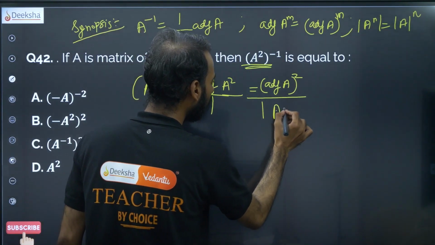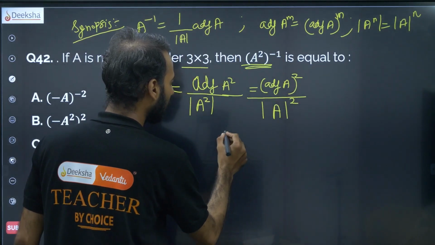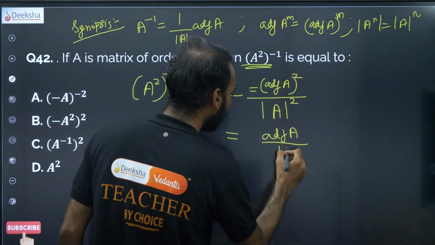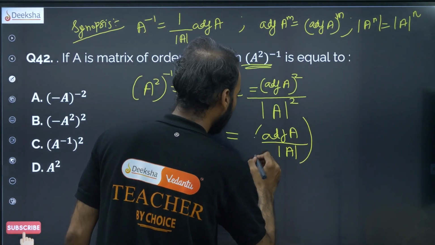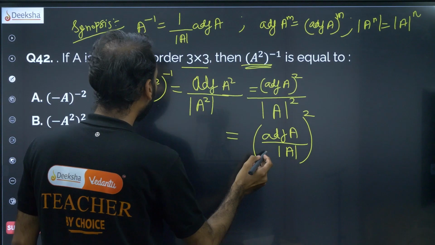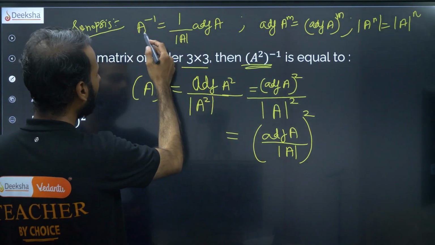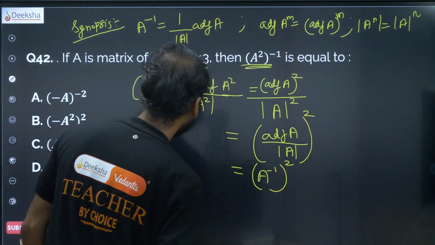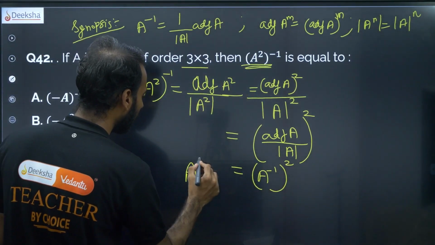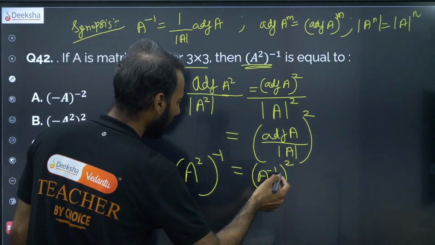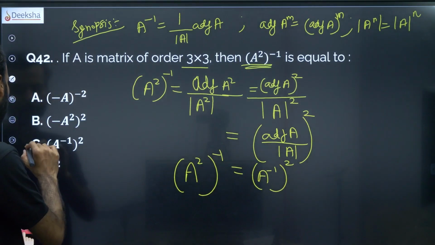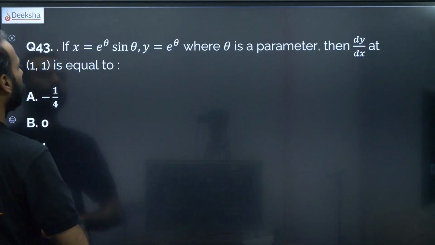Then adjoint of A divided by det A is A inverse, so we get A inverse square. So A square inverse is A inverse square. C is the answer. Moving on to the next question.